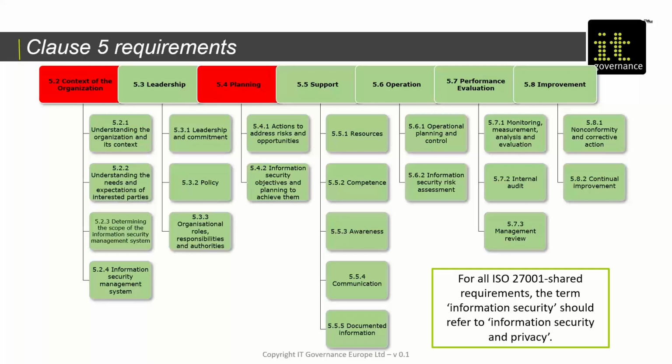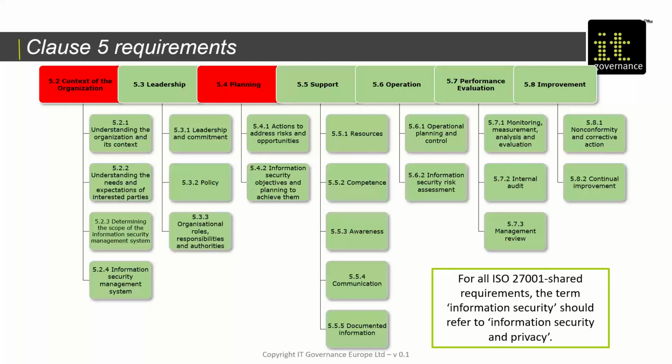So, for example, one such new requirement under clause 5.2 context is that when considering the scope of the information security system, the organisation must include the processing of PI. In reality, that means that an organisation's scope statement must take privacy into account.